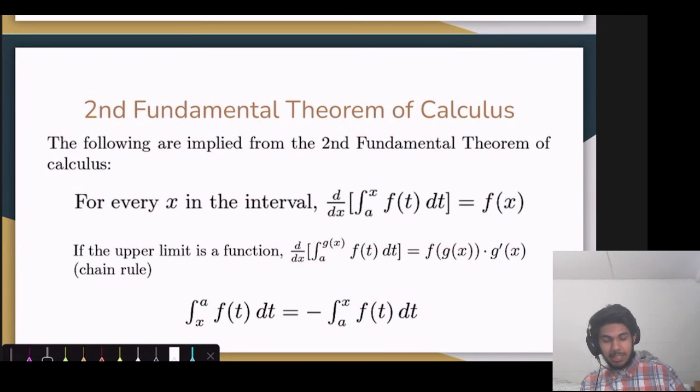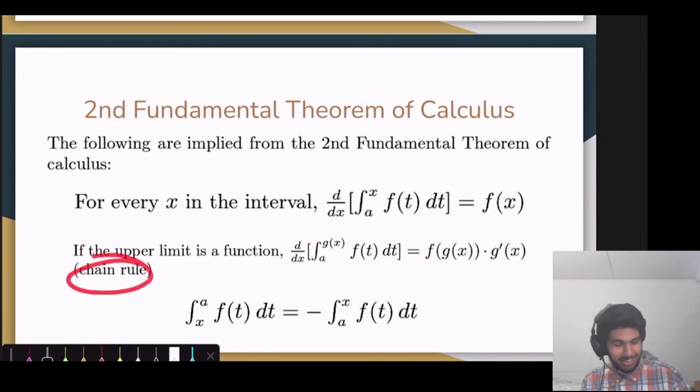However, if the upper limit is a function, then the derivative of the integral from a to g of x of f of t dt is pretty much the same thing. F of g of x, so we plug in that upper limit, similar to what we did here, except now we have to multiply it by the first derivative of it. So this could be reminiscent of the chain rule.